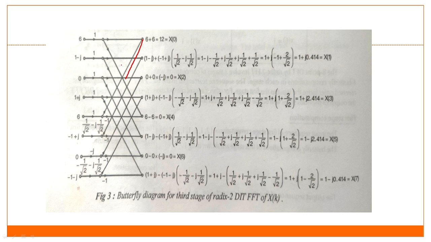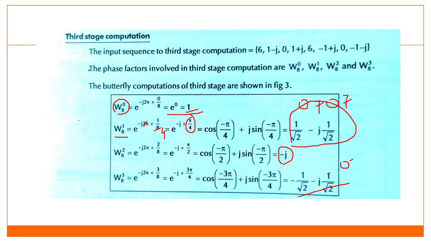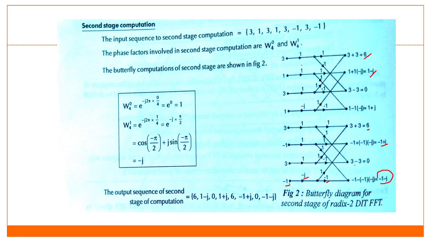What we are doing is taking one even sequence and one odd sequence, and adding them with the twiddle factor. In the last stage, we are adding these two.